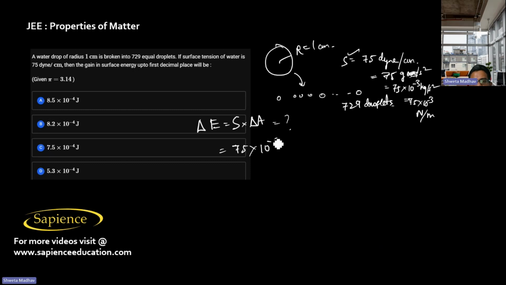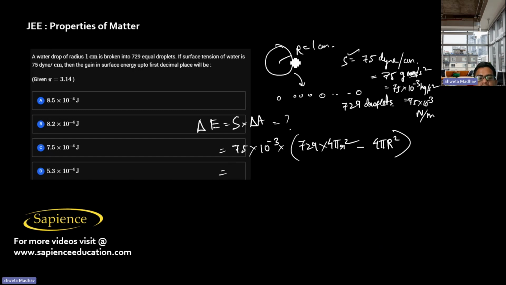This is 75 into 10 power minus 3 into the change in the surface area, that is equal to 729 into 4 pi small r square minus 4 pi capital R square. The gain in surface energy.